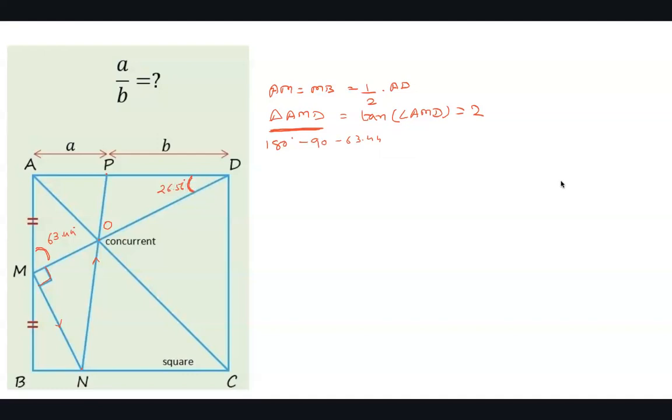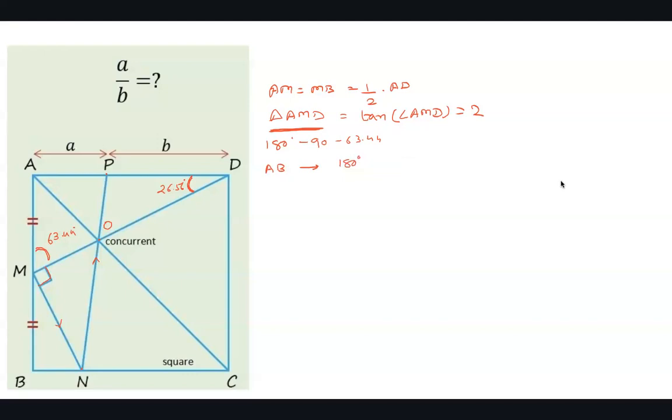Now extending the same logic of finding as many angles as we can, focus on straight line AB. AB being a straight line also adds up to 180 degrees.